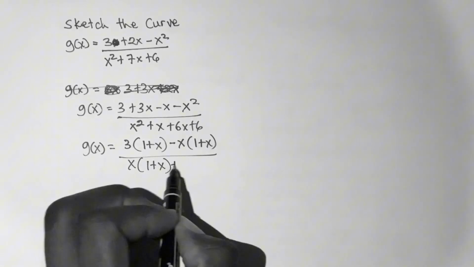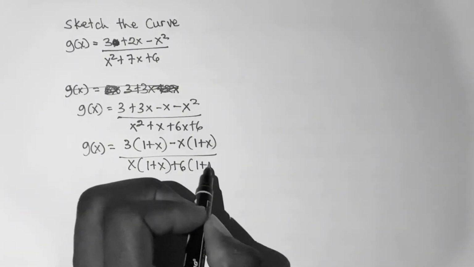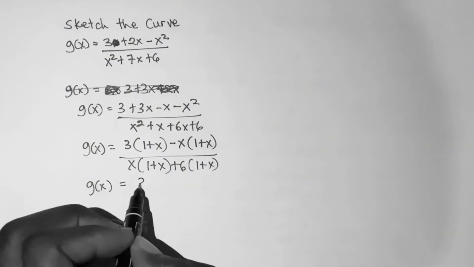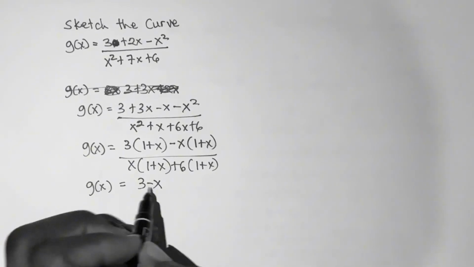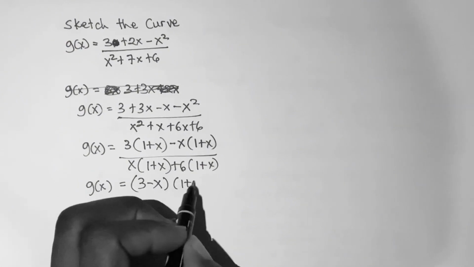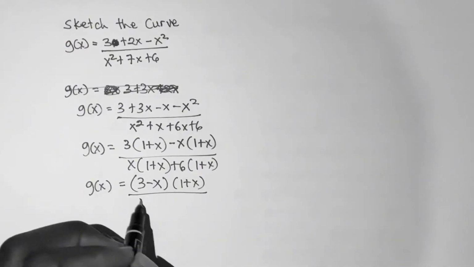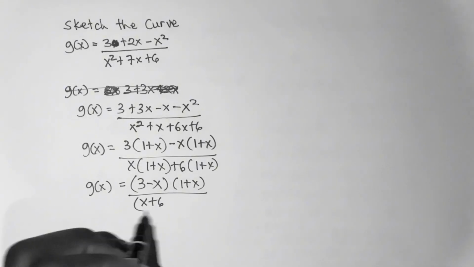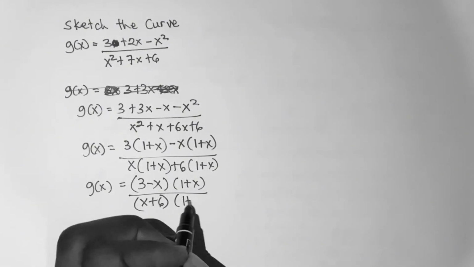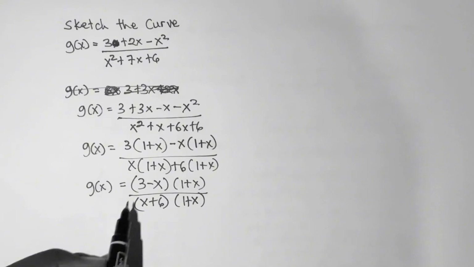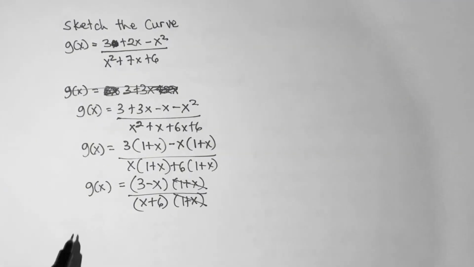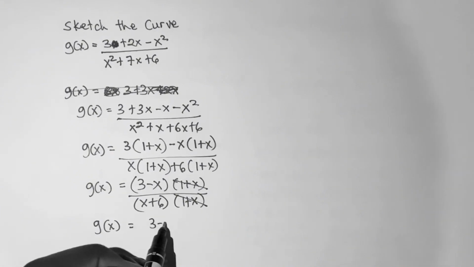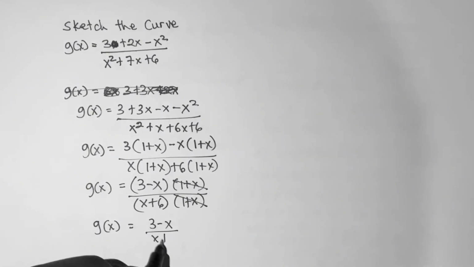And when you factorize 6 here, you also get 1 plus x. So at the end of the day, g of x can be written as 3 minus x, then times 1 plus x, divided by x plus 6, times 1 plus x. So this 1 plus x and 1 plus x can cancel out, and therefore g of x can be written as 3 minus x divided by x plus 6.